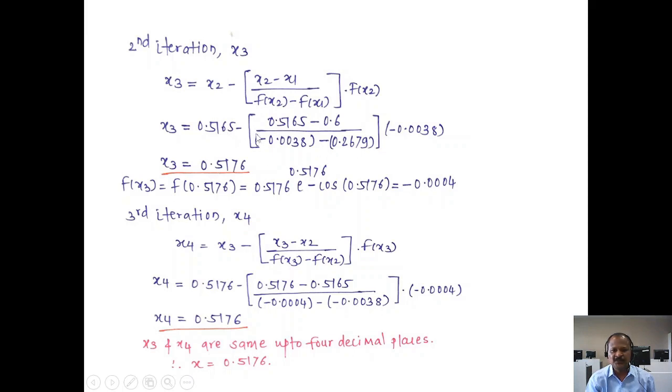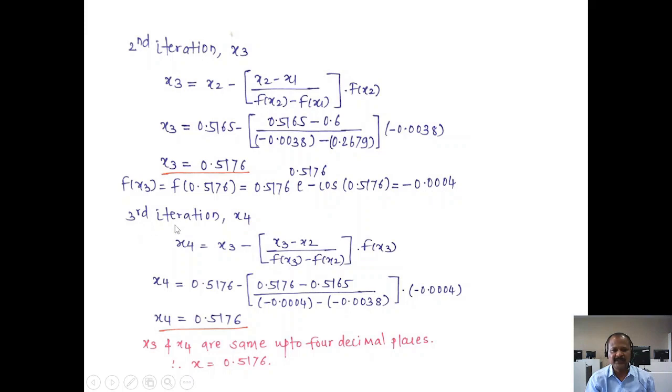Then do the calculation and find x3. So x3 is 0.5176. Again put this 0.5176 in the equation: 0.5176 into e raised to 0.5176 minus cos of 0.5176 is equal to minus 0.0004. This is the value.